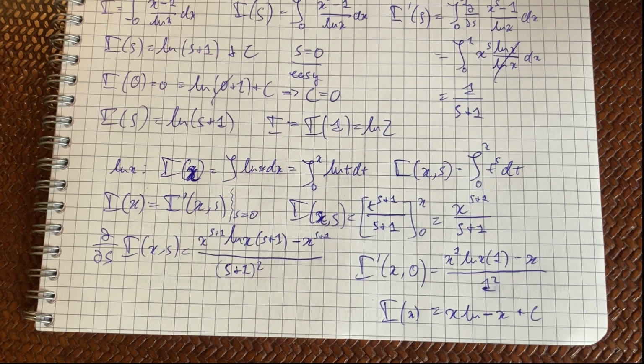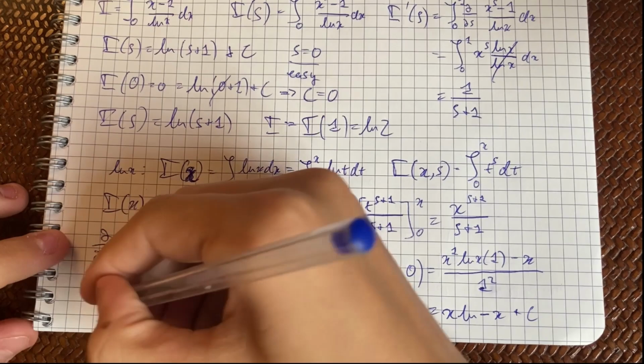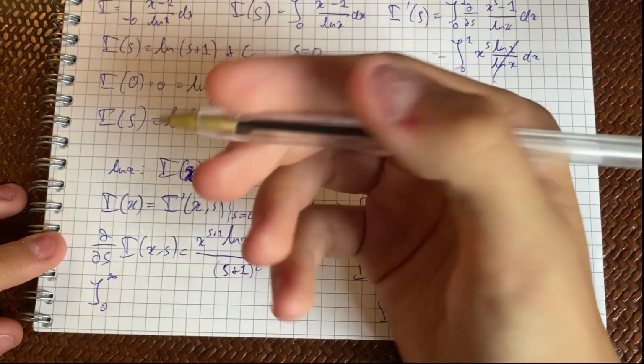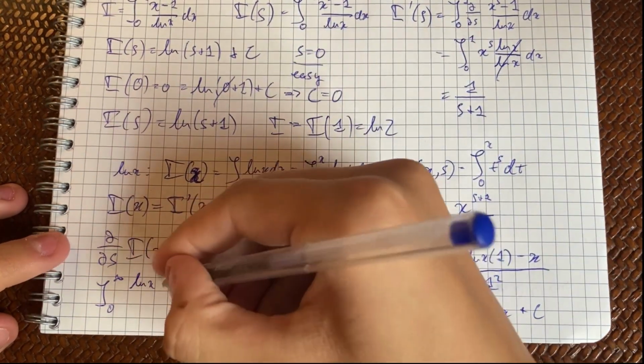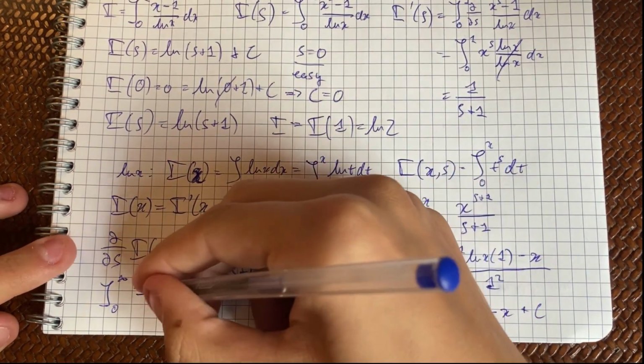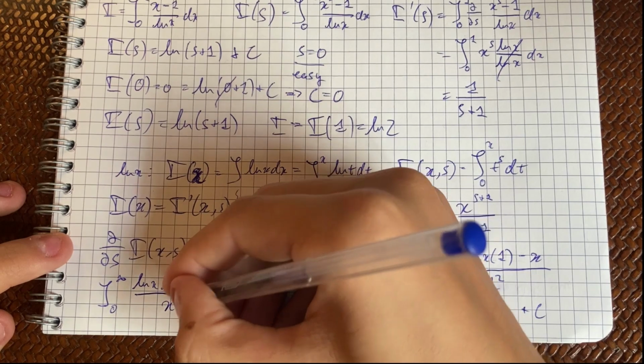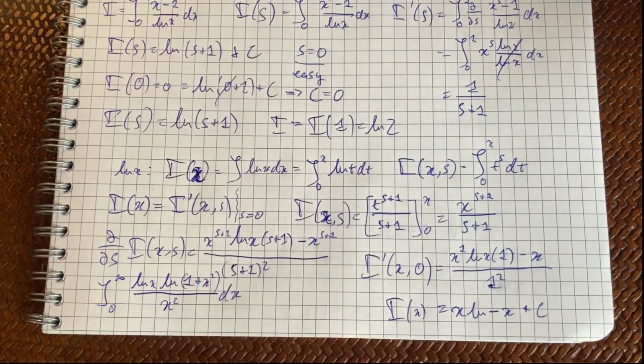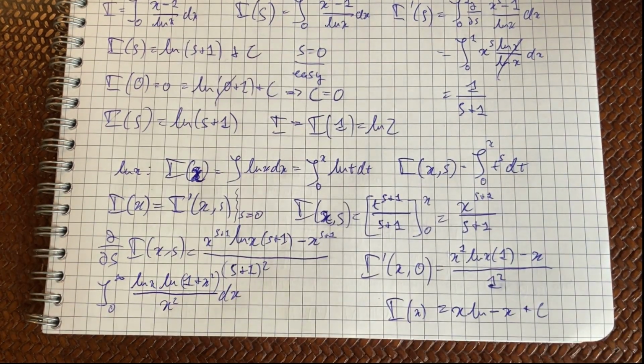See you in the next video for the integral from 0 to positive infinity of log x log of 1 plus x squared, divided by x squared, dx. This is an integral of medium difficulty, I think, so try it yourself before watching the video.